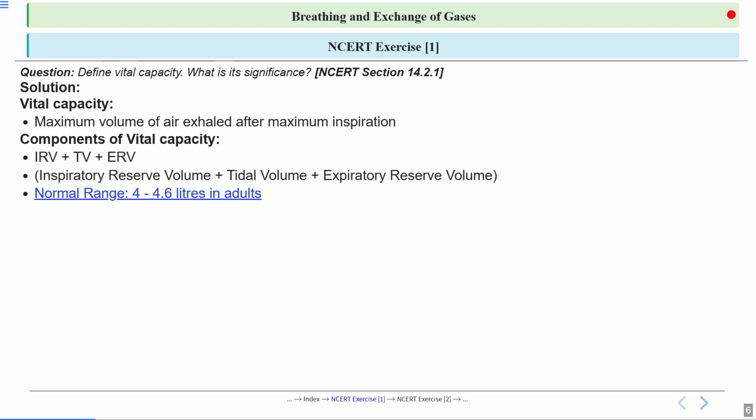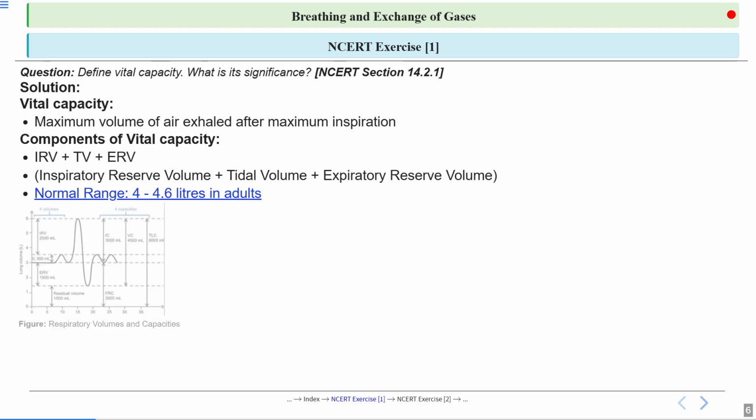Now, normal range. What is the normal range of this vital capacity? The normal range of vital capacity is around 4 to 4.6 liters in the case of an adult.